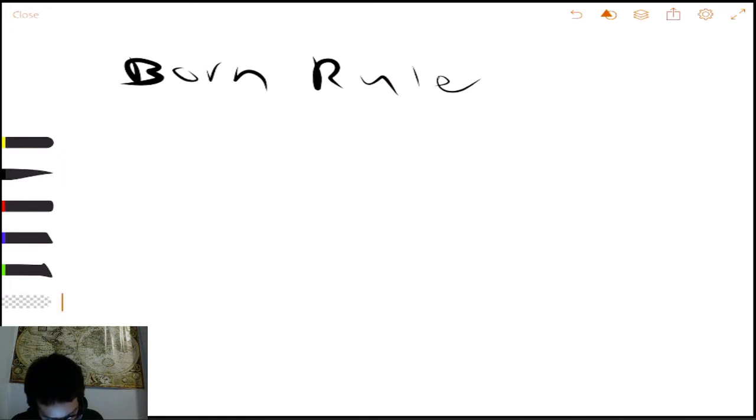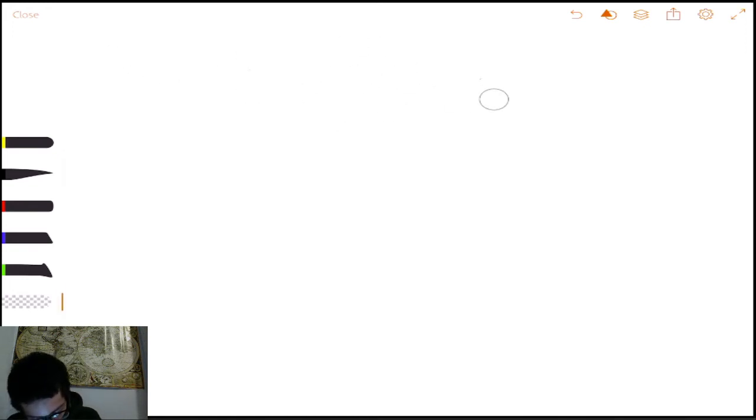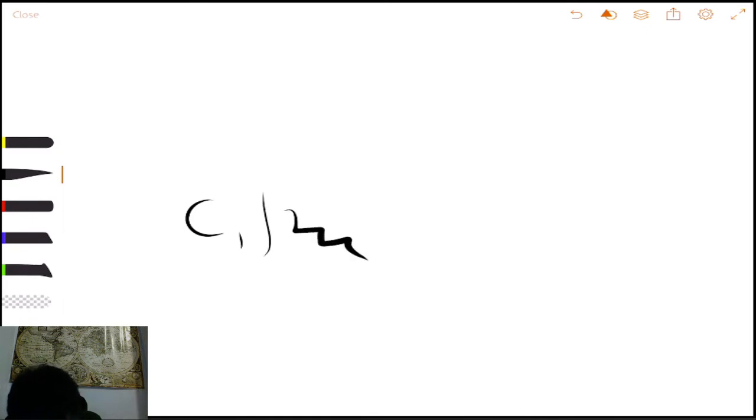So to give a more intuitive description, we'll say we have C1, and we're going to draw stairs, and C1 is a ball sitting at the top.